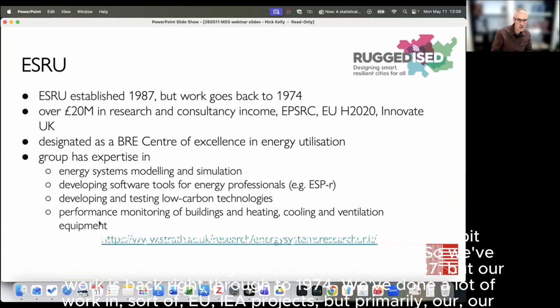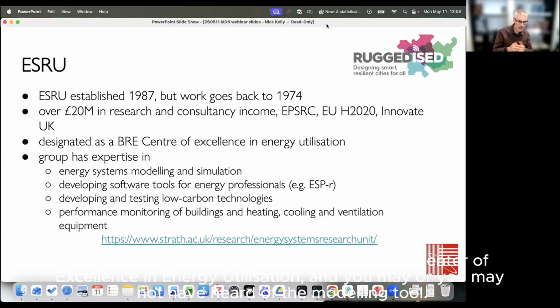So this is a little bit about the group I work in called ESRU. We've been around for a long time, established in 87, but our work goes back right through to 1974. We've done a lot of work in EU and IEA projects, but primarily our main area of expertise is in building simulation, with the BRE Centre of Excellence in Energy Utilisation.